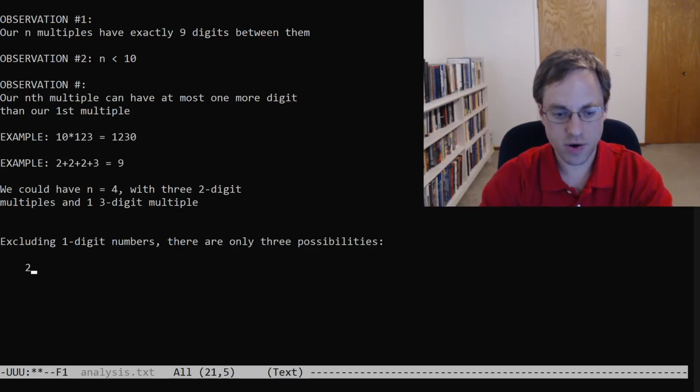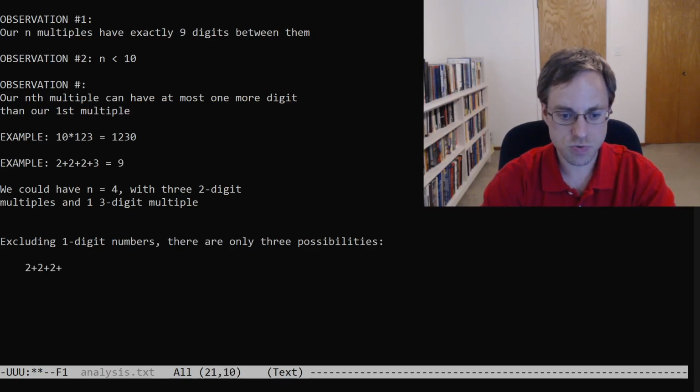The first we've already listed, so that's 2 plus 2 plus 2 plus 3 is equal to 9. The second would be 3 plus 3 plus 3 is equal to 9. And the last is 4 plus 5 is equal to 9.